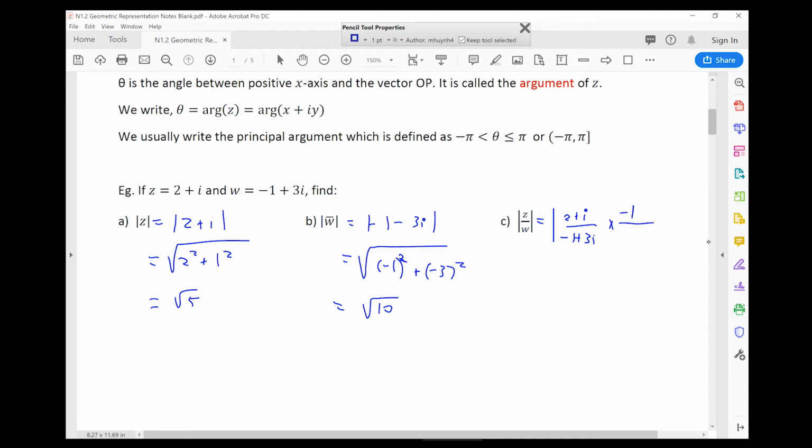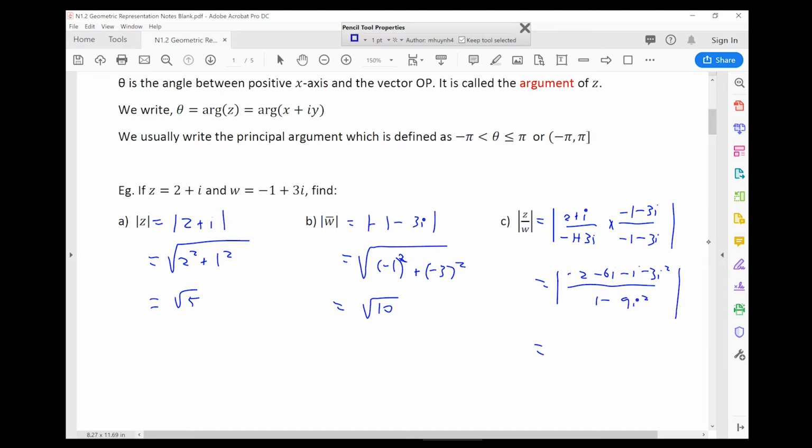So in this case, minus 1 minus 3i. Then just simplify it first. The bottom is a difference of two squares, that's 1 minus 9i squared.